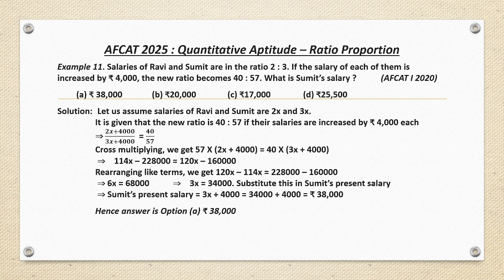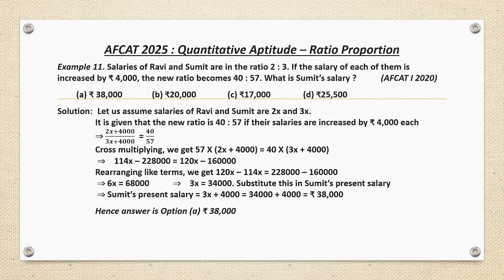So this is the very sharp clue we will have to observe. Usually what happens, at 3x equal to 34,000, we divide 34,000 by 3 and get some fraction, and then we end up unable to find it in the given options.